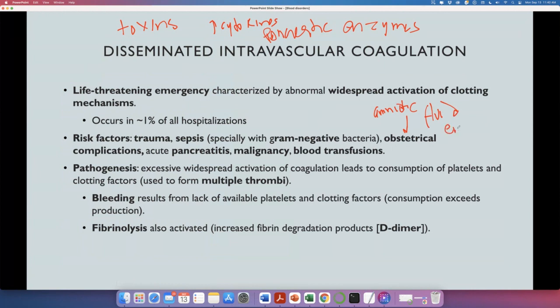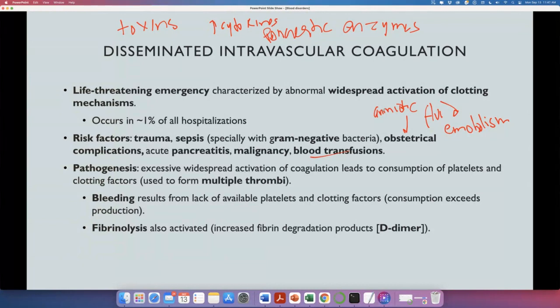That is called amniotic fluid embolism. That is not very common. Cancers, pancreatitis, blood transfusions, and these abnormal substances in the circulation activate the coagulation cascade everywhere in the circulation.